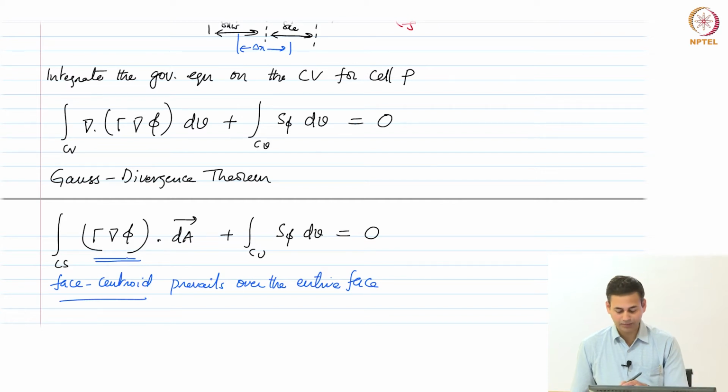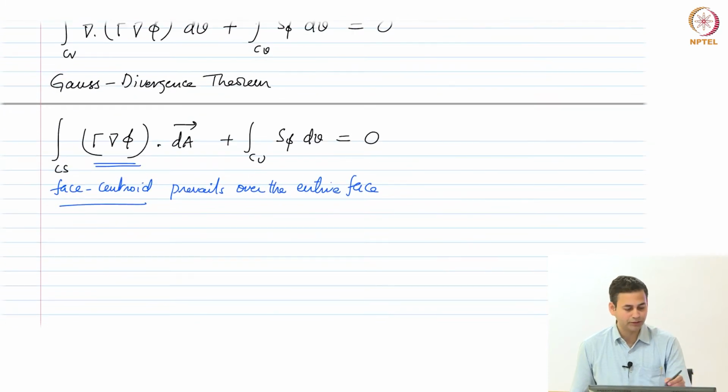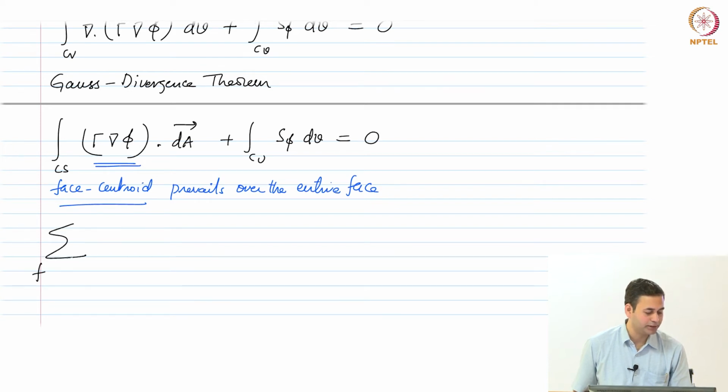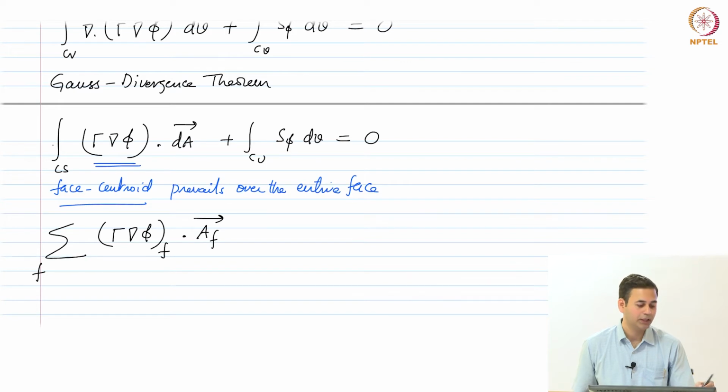That summation would lead to a discrete form of this integration, which is nothing but sigma over all the faces of gamma grad phi evaluated on the respective faces f, dot A f bar. So, we have replaced the integration of the dot product of gamma grad phi dot dA bar with a summation over all the faces of gamma grad phi f dot A f bar.